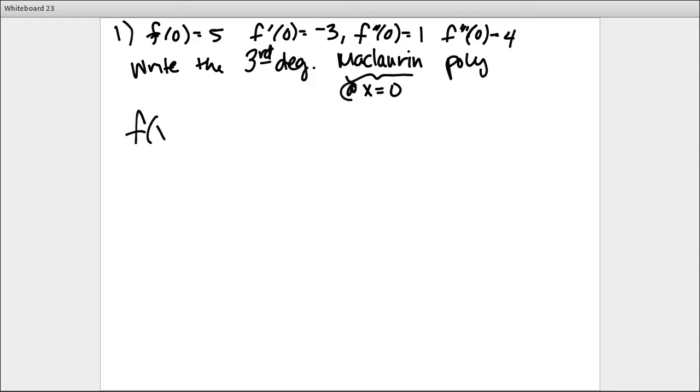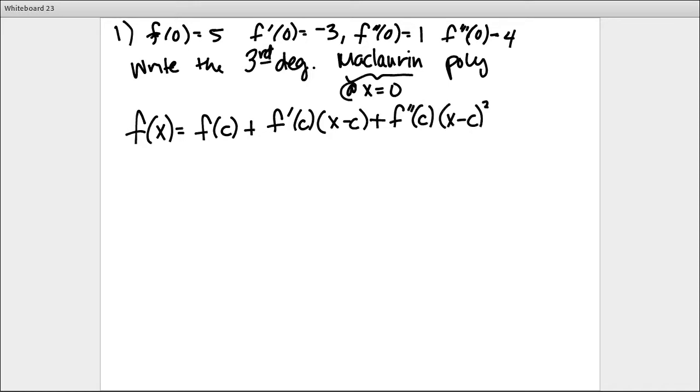We know the function is found by doing f of c plus the first derivative at c times x minus c, technically over 1, and then plus the second derivative at the center times x minus the center squared over 2 factorial, and then the third derivative evaluated at its center, x minus c cubed over 3 factorial, and it keeps on going like that. So that's how you're going to build a Taylor or Maclaurin polynomial.